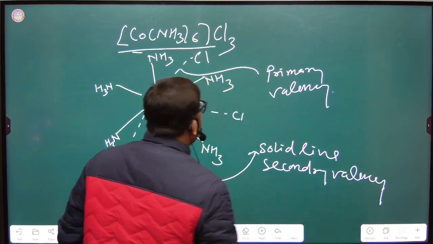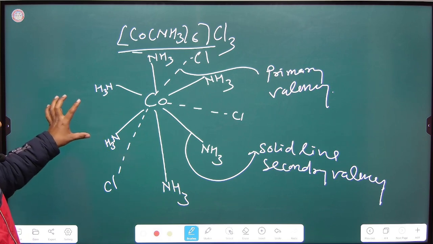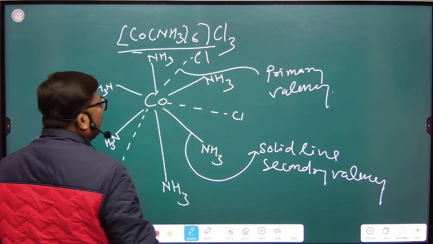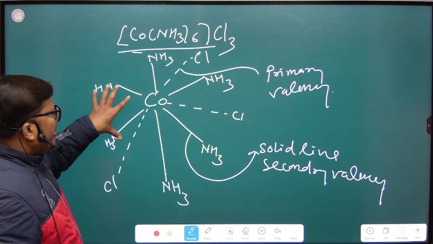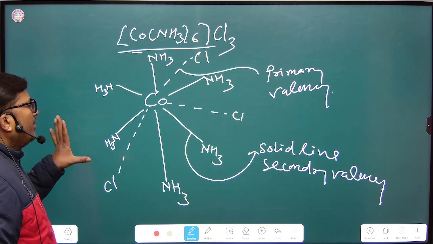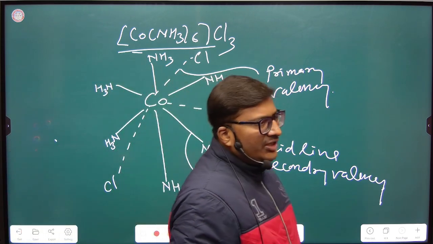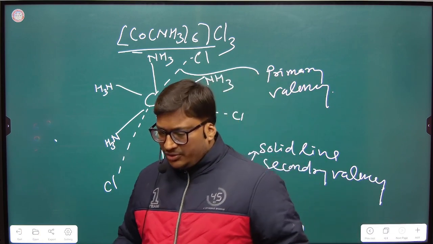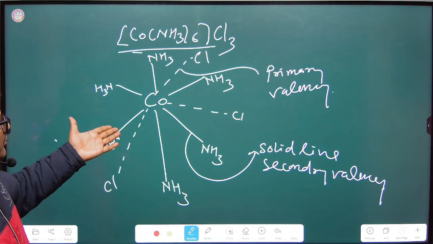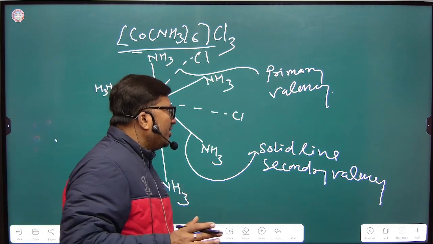Because the chloride ions precipitate, they interact electrostatically with the cobalt cation, so this is expressed as a dotted line, but the bonds which are strong and stable are expressed as a solid line. The 6 ammonia molecules are directly bonded to cobalt, expressed as solid lines, which confirms the secondary valency, which is non-ionizable, and the 3 dotted lines express primary valency.